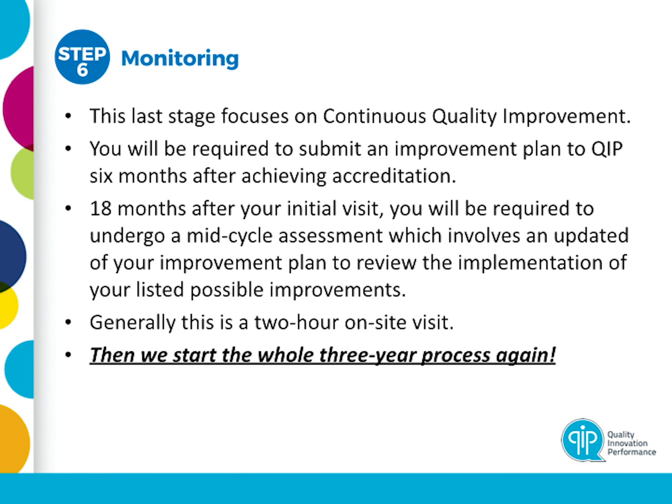This is things that may have come out of your report. Your assessment team may suggest some improvement opportunities, but these can also come internally from you and your organisation. The more, the better. It doesn't mean you have to implement them next week, but it's good to have something to strive for.